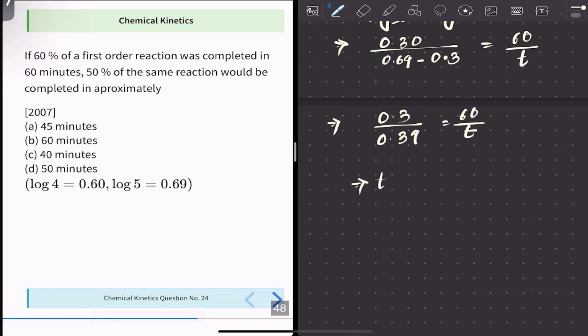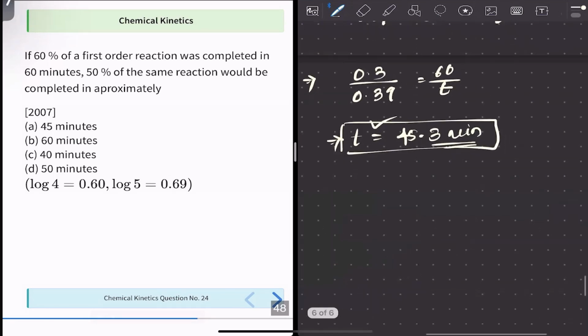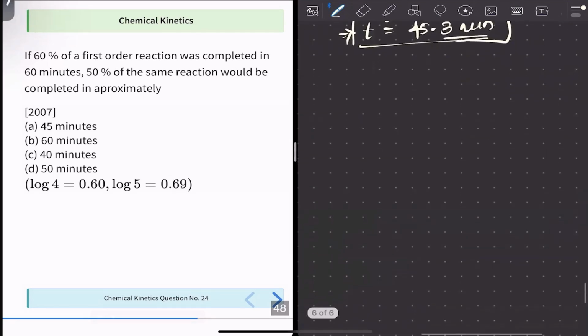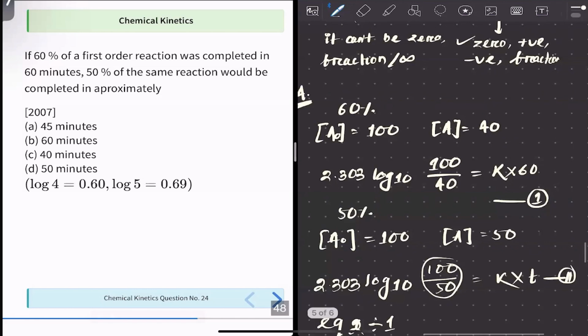So the t, if you calculate, will be around 40.3 minutes. The correct answer will be t equal to 45 minutes. Or else you can find out the k value from equation number 1, because all of the other variables are given.